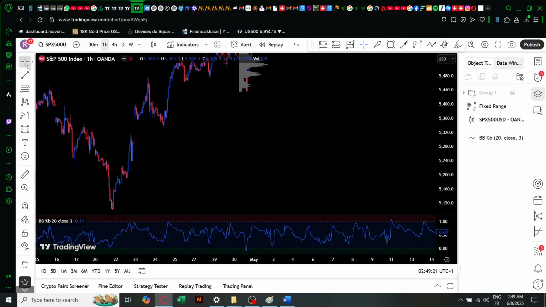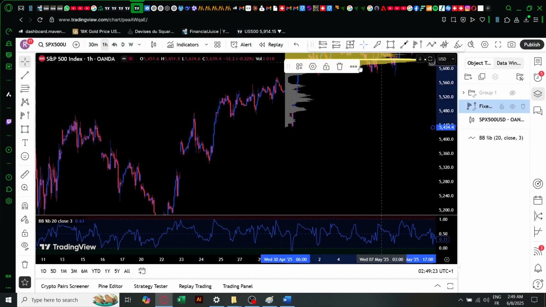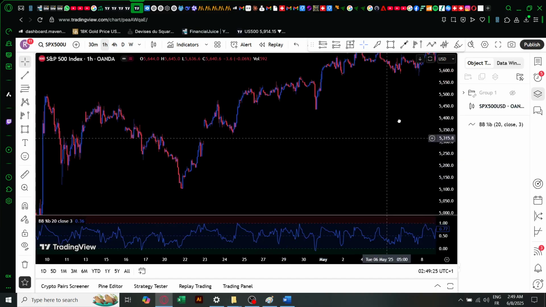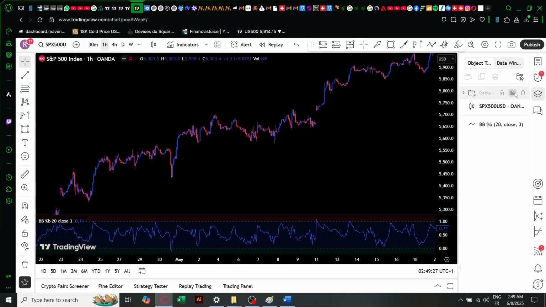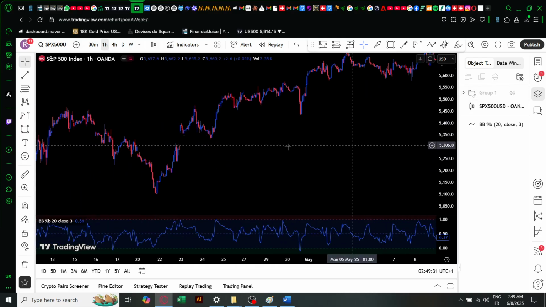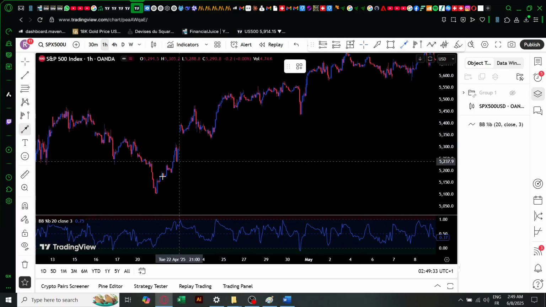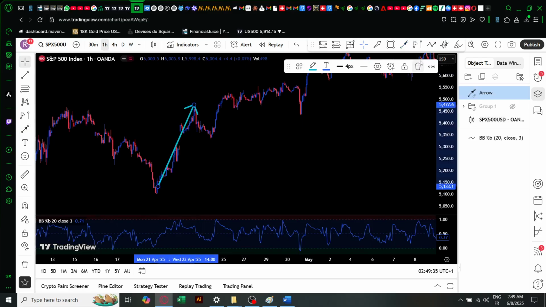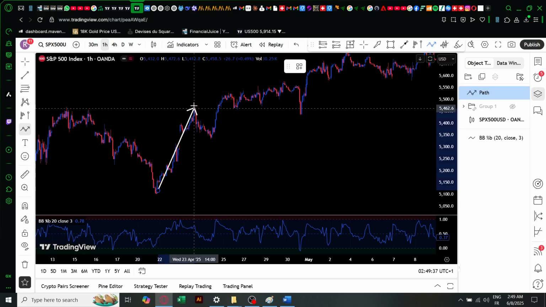Let's take for example this one. Let me delete this so I can show you. Let me activate this one. Okay. So we can see that price is going like this. No, not this one. Price is going like this.